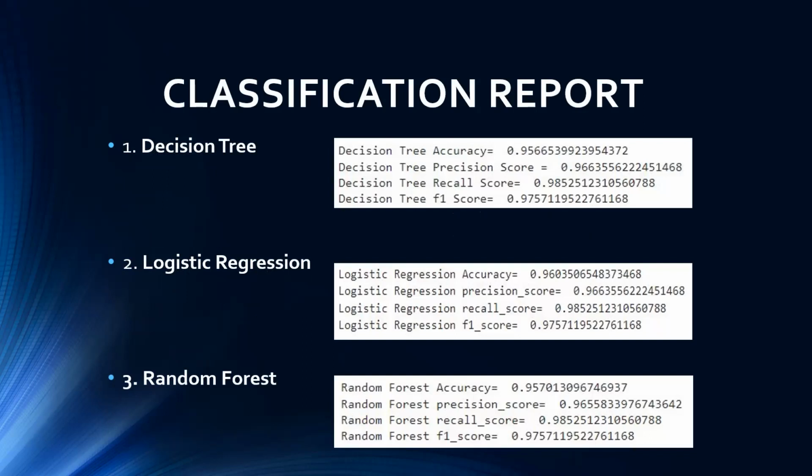So almost all three classification reports have approximately the same accuracy, so there has been no difference for my analysis. The other values are the precision score, recall score, and F1 value.